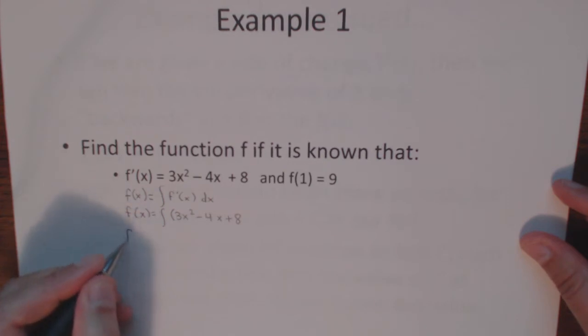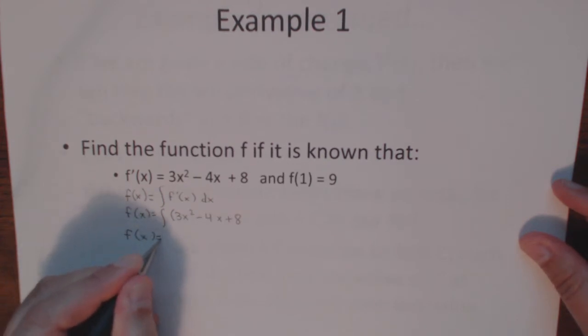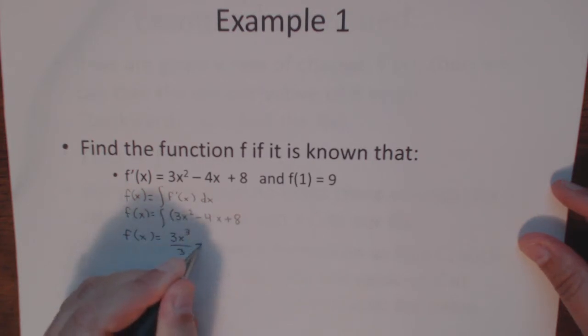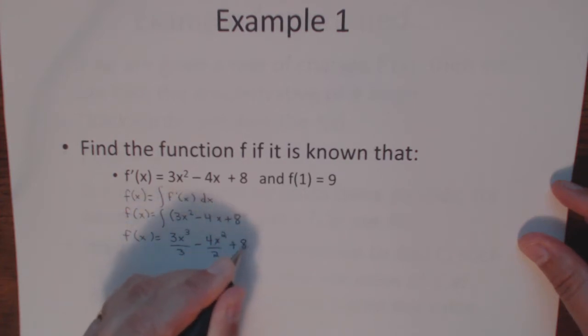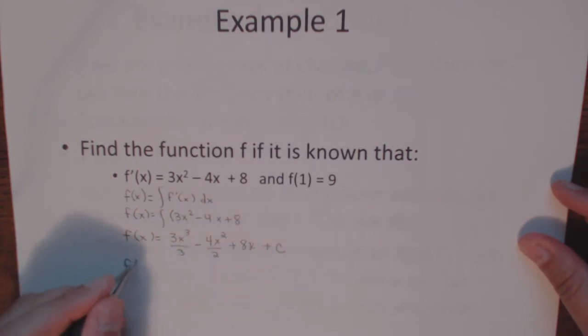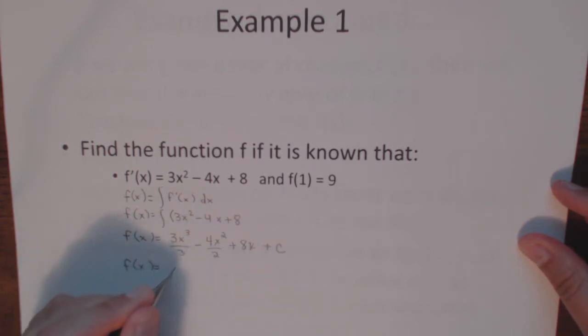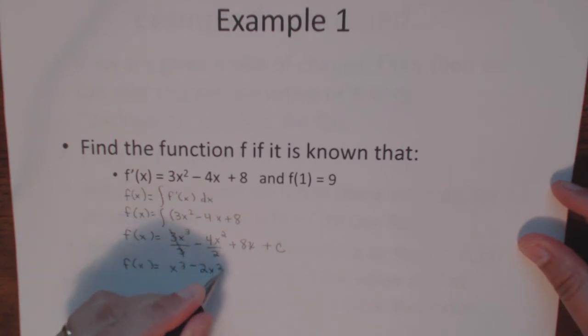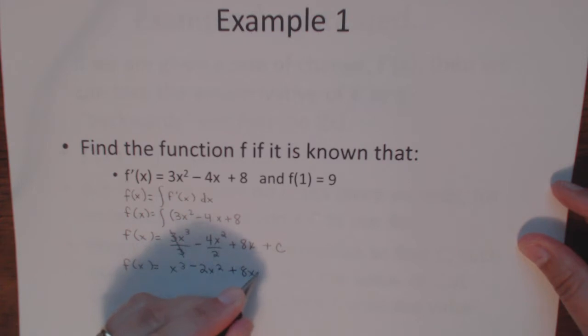And so if we take the antiderivative, f of x equals 3 times x cubed over 3 minus 4x squared over 2 plus 8x plus c. So f of x equals x cubed, because the 3's divide out, minus 2x squared plus 8x plus c.